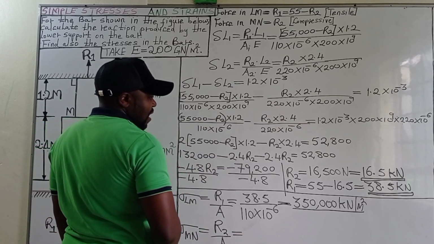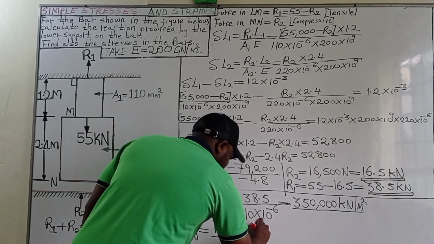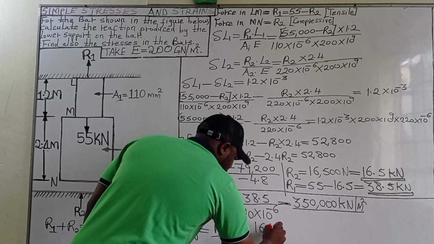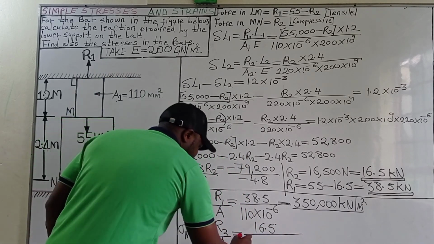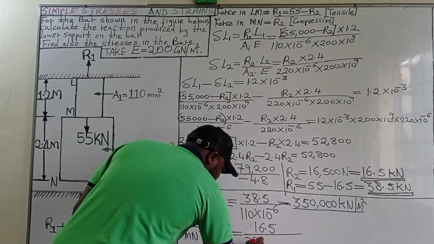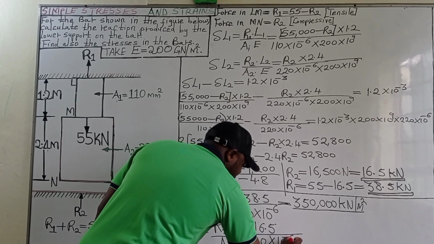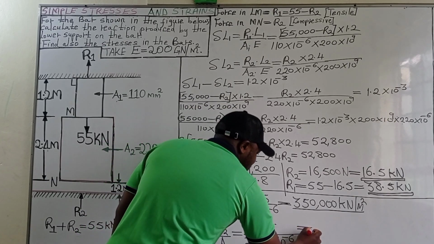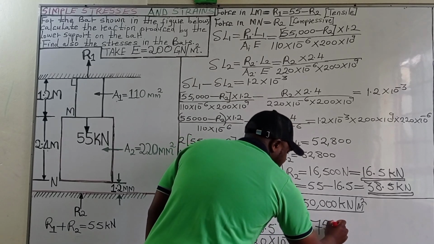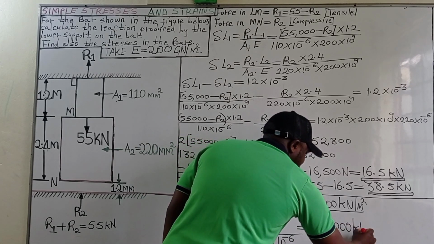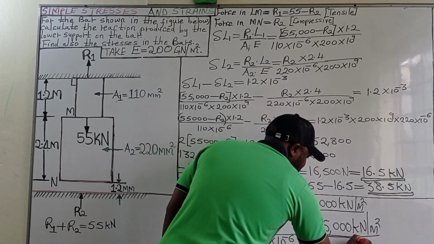So in this case, the force R2 is 16.5 kilonewtons, cross-sectional area of the lower bar 220 square millimeters, converted to meters squared, so 220 times 10 raised to the power of negative 6. And that is going to give us a stress of 75,000 kilonewtons per square meter. So that's how we go about it.